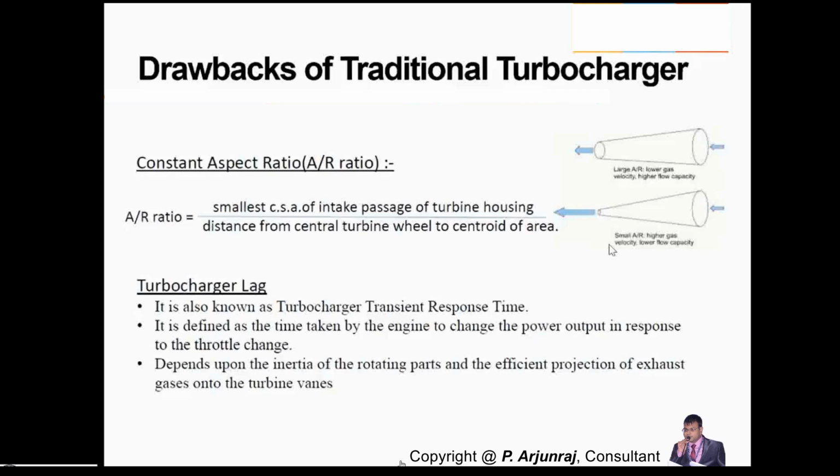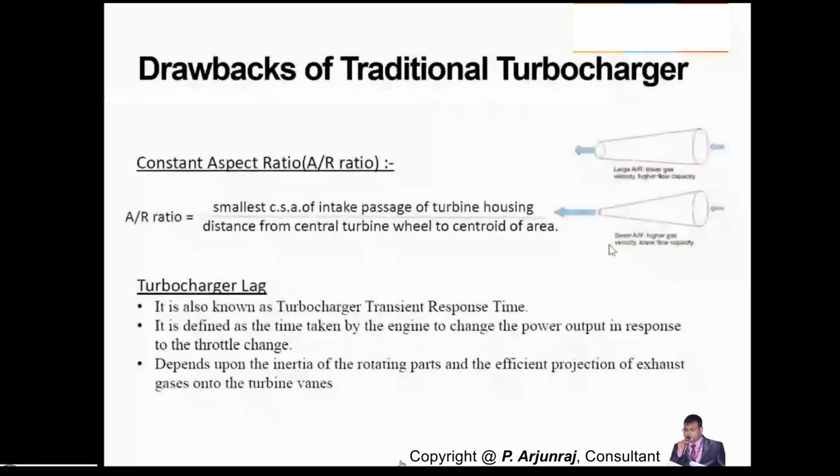That will also cause a corresponding decrease in the power output of the engine because of various problems with respect to the throttle and the response time. That can be overcome with the help of the modern turbocharger called the variable geometry turbocharger.